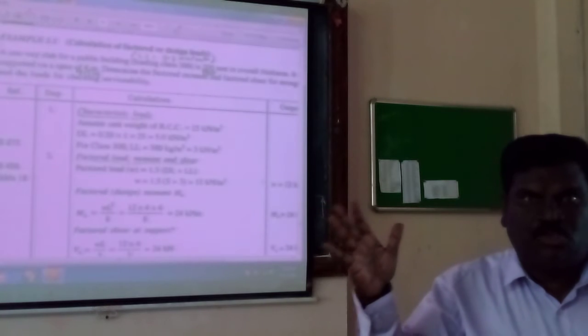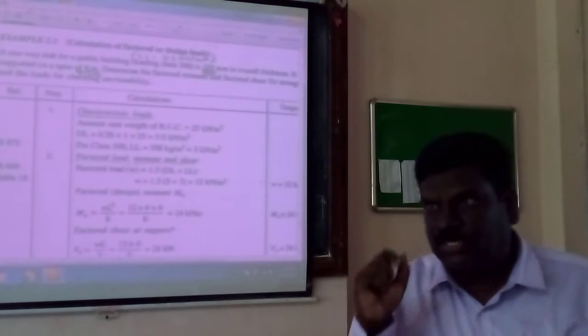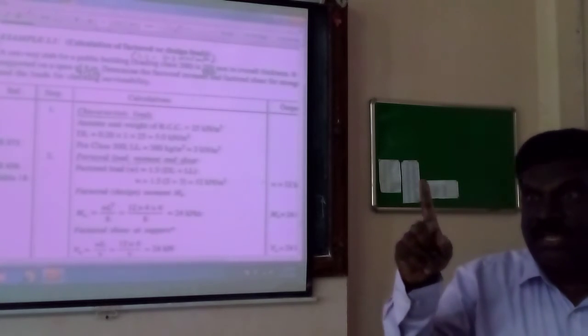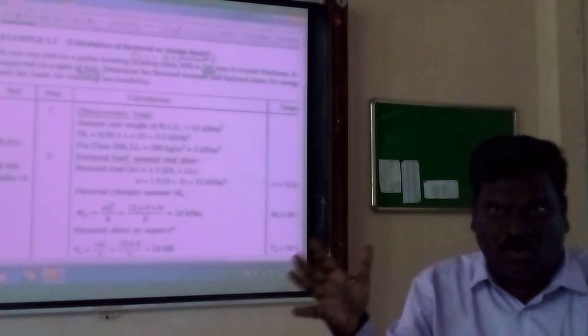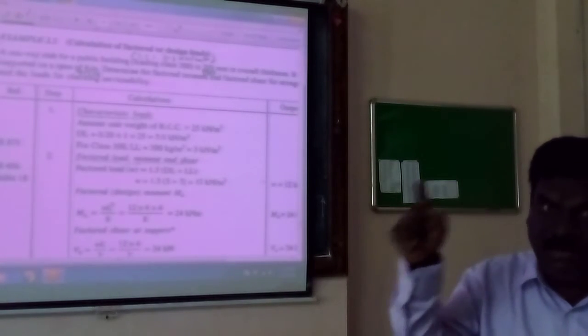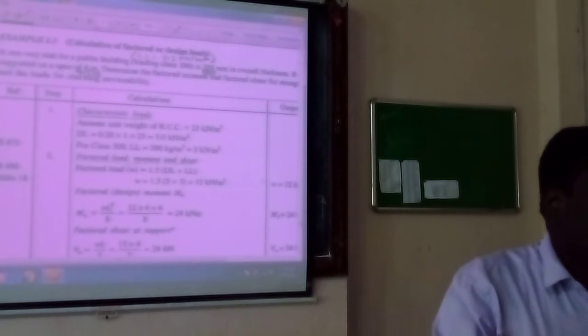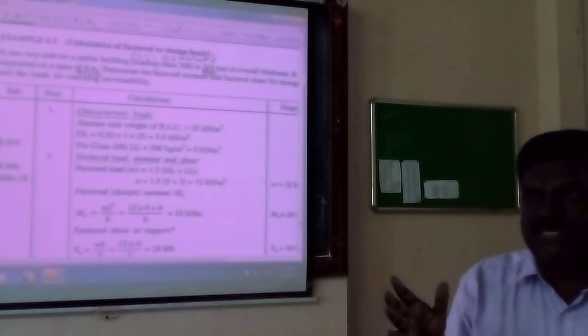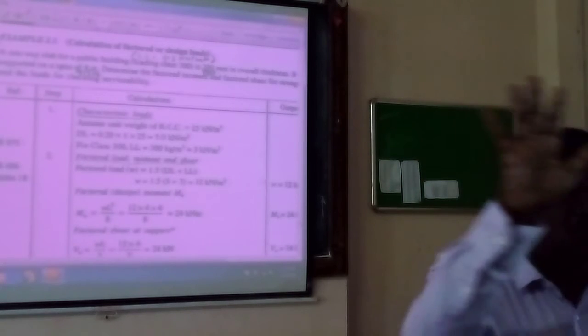If you take 1 meter cube of reinforced cement concrete, its weight is 25 kN. That is the meaning of it. Plain concrete is 24 kN per meter cube, but the unit weight of RCC is 25 kN per meter cube. You are all aware of the unit weight of concrete.